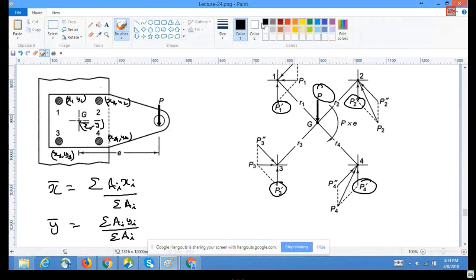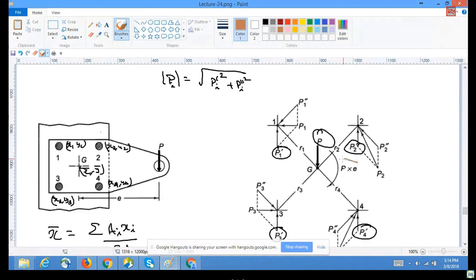Whereas if you look at the moment P cross E, it is balanced by the double dash forces, this and this, this and this.